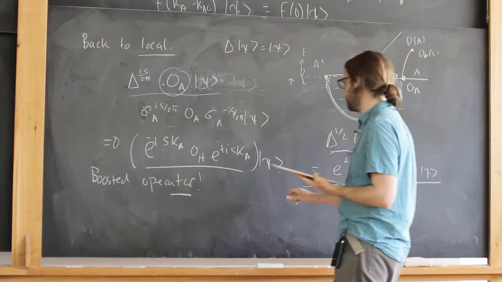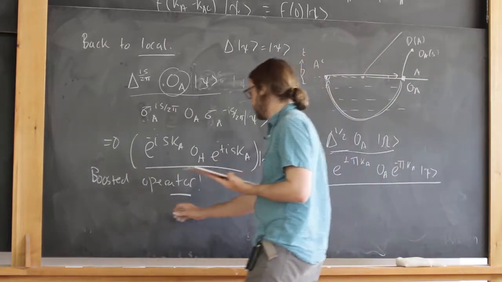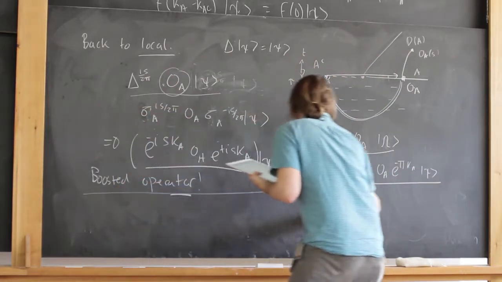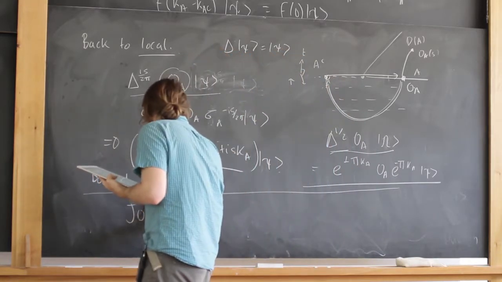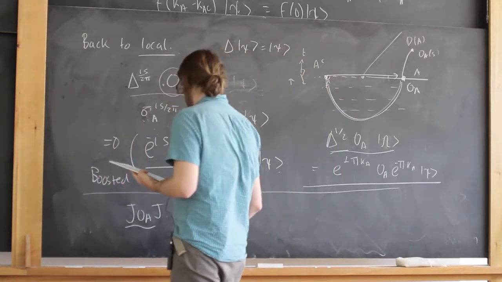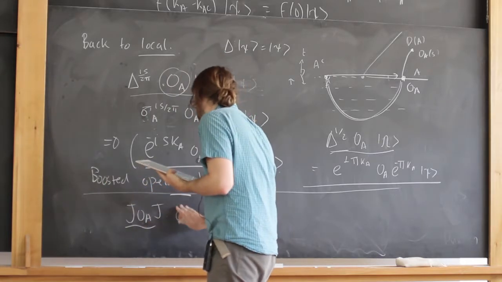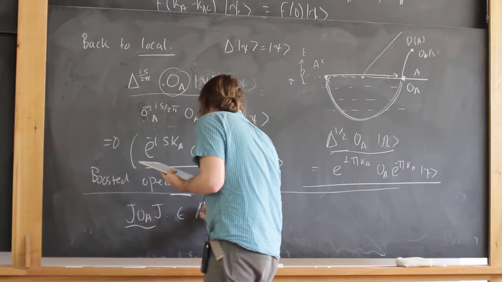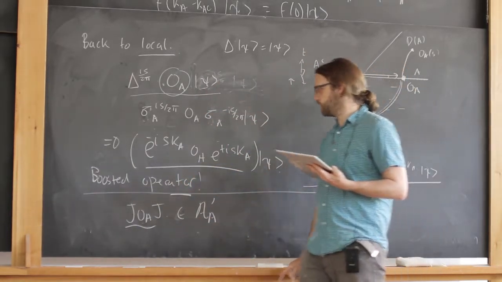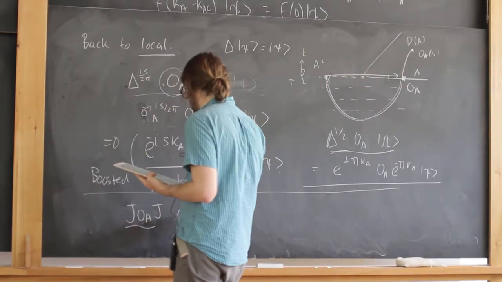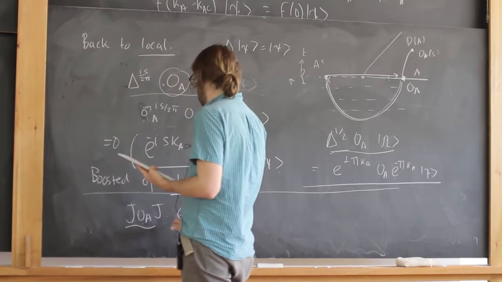And so the important properties of this structure here is that J, O J, takes an operator in the algebra to an operator in the commutant. And this is sort of always true.